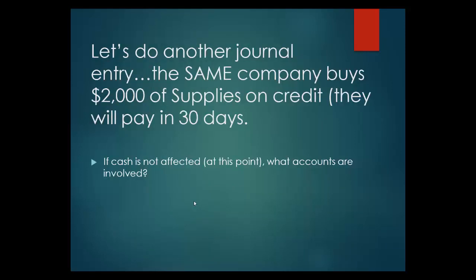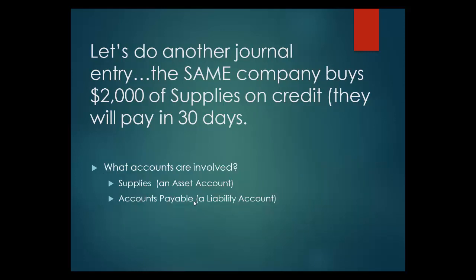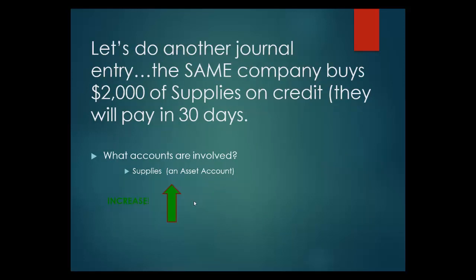So what accounts are involved in this transaction? Supplies, we increase the supplies account, which is an asset account, and accounts payable. We also increased our debt. We increased our liabilities. What are the rules of debit and credit? Well, supplies increased.